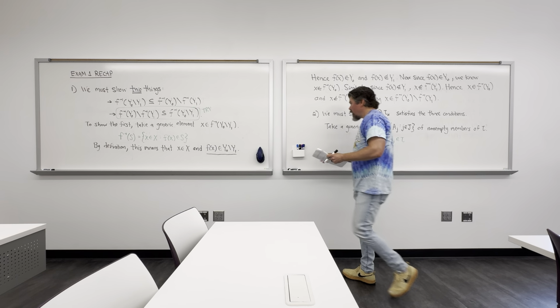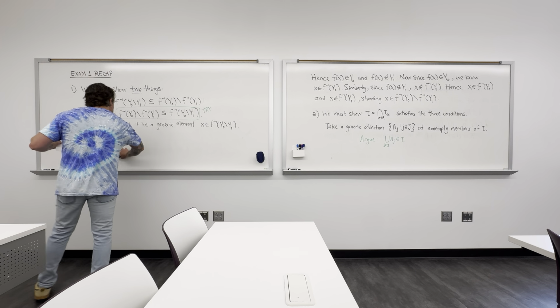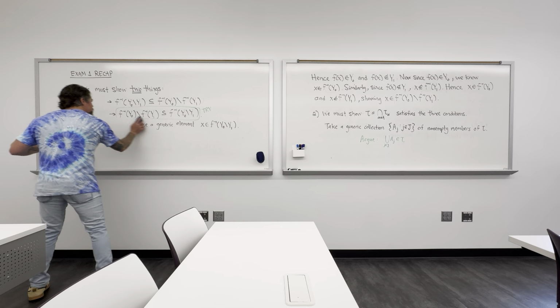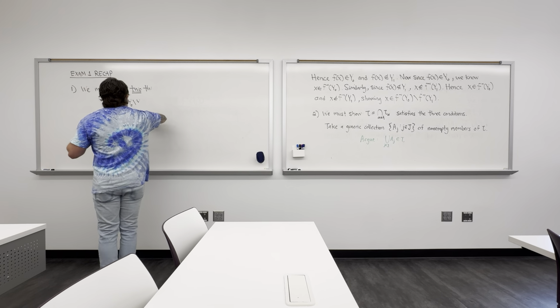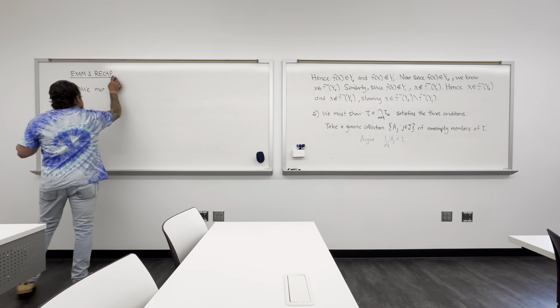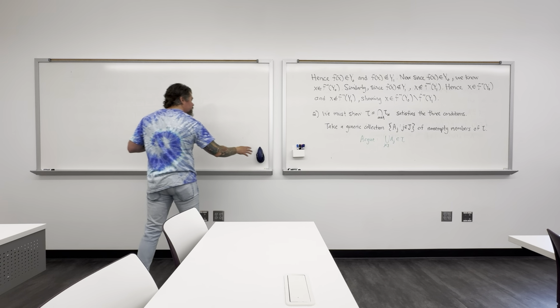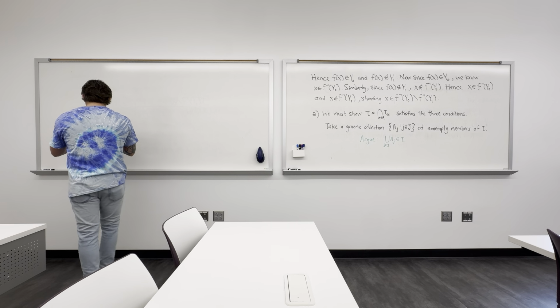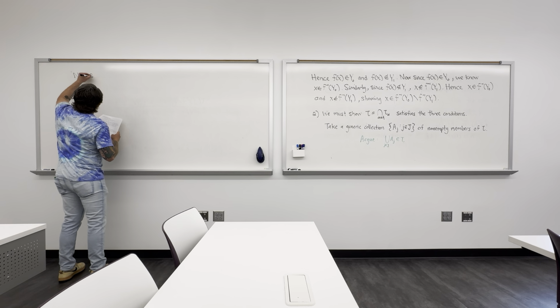Here. Okay, so let's use the fact that each tau alpha is a topology. So the union must be in each of those, and then we can argue that since it's in each of those, it must be in the intersection. And so therefore it's in tau. Okay, now, so let's write that.